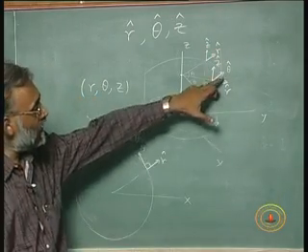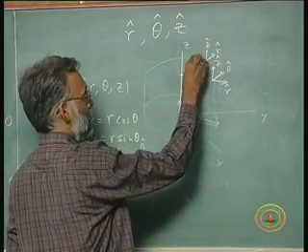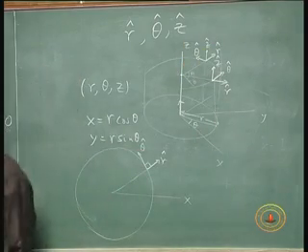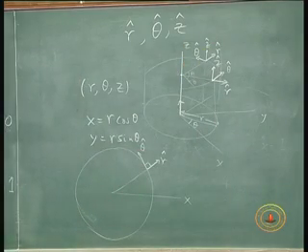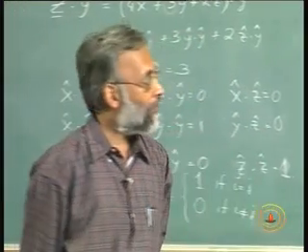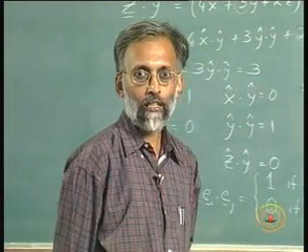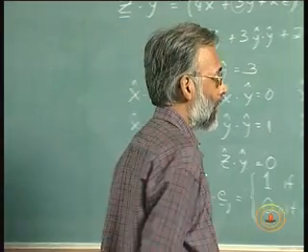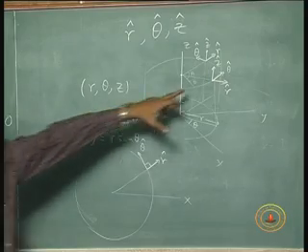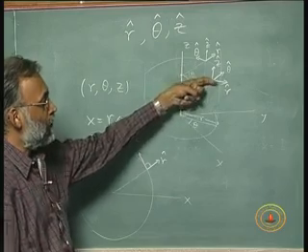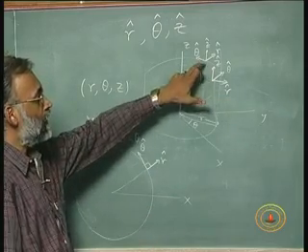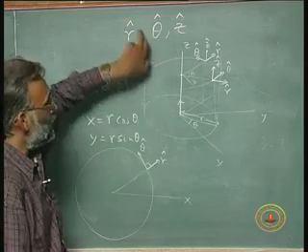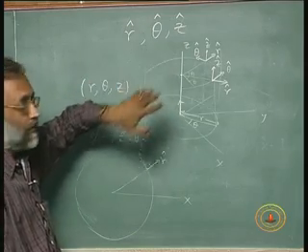And my unit vector along theta is now pointing this way. So, this is a coordinate system that depends on the point where you are looking. If you look at this point, r points this way. If you are looking at that point, r points there. If you look at this point, r will point away from the origin in that direction.